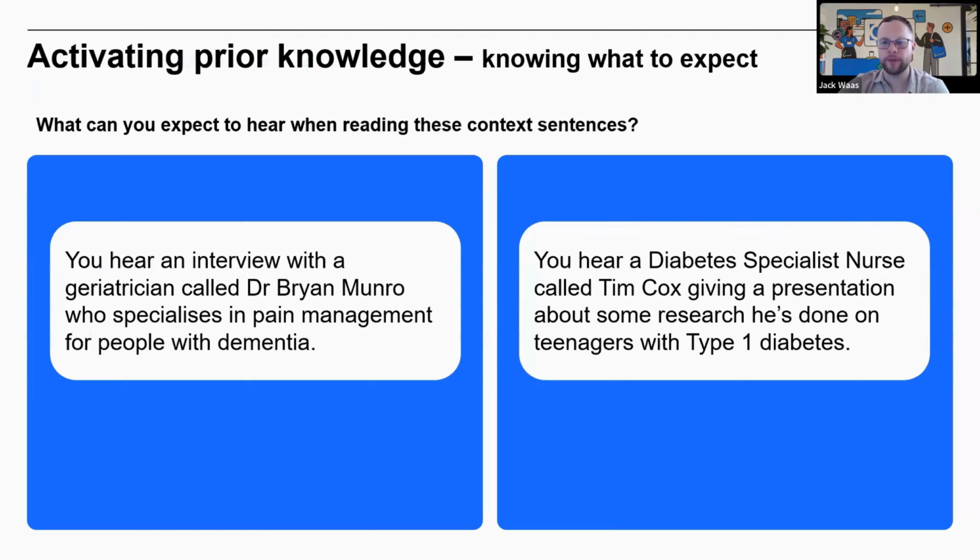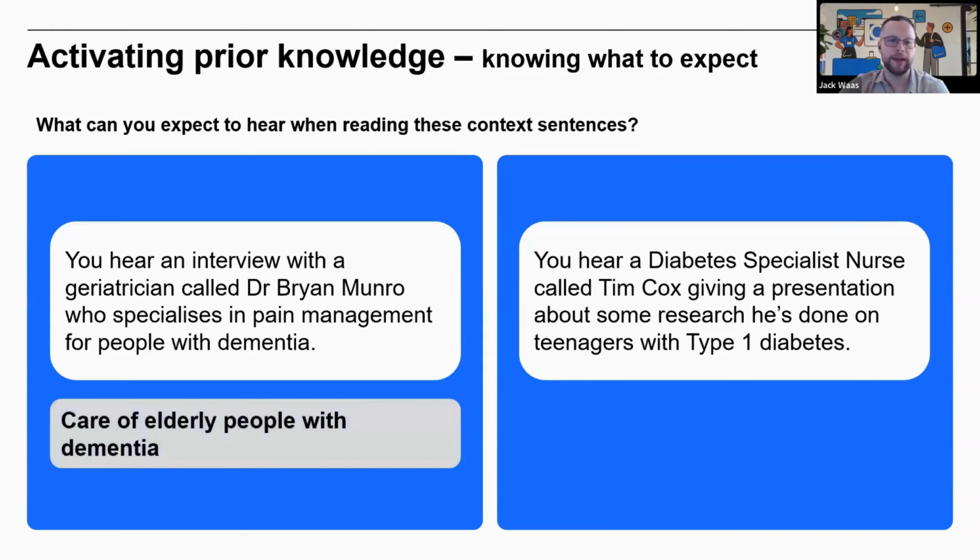All right, so moving on to listening part C. We can use a similar approach in part C as well. What can you expect to hear when reading these context sentences? Okay, so we have two context sentences. You hear an interview with a geriatrician called Mr. Brian Munro, who specializes in pain management for people with dementia. So what might we hear here? We might hear something about the care of elderly people with dementia, right?